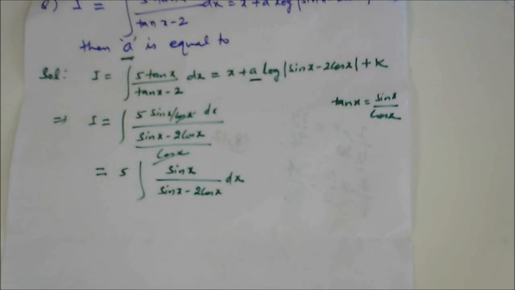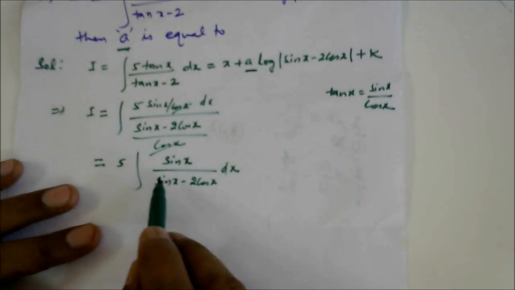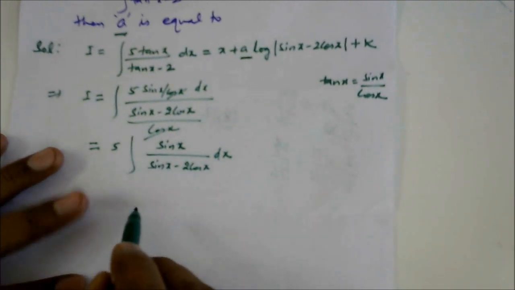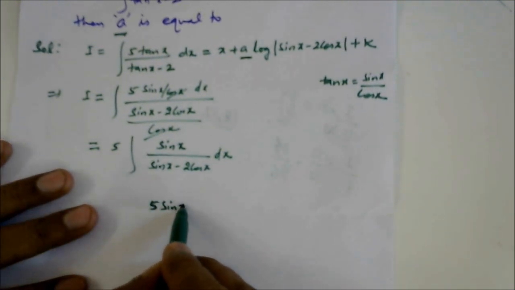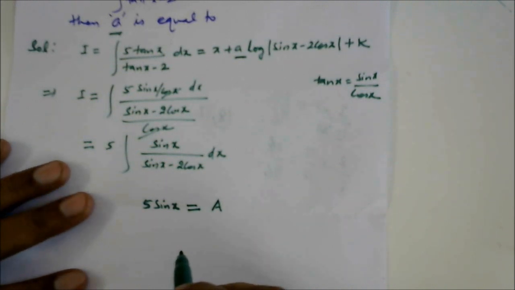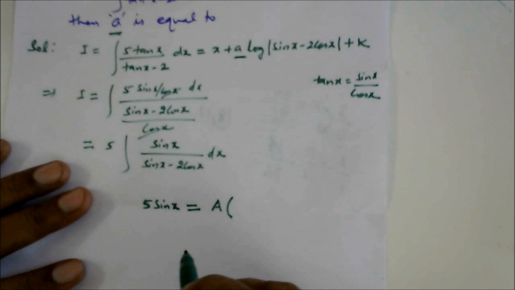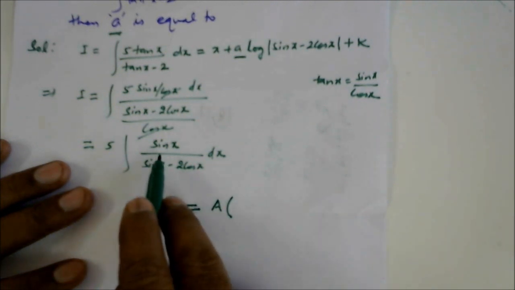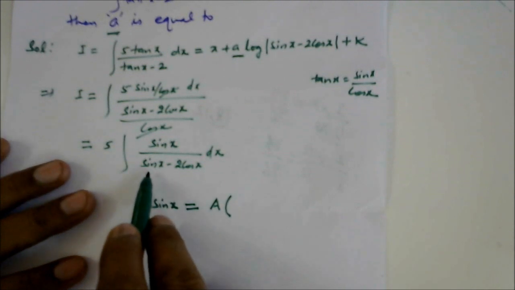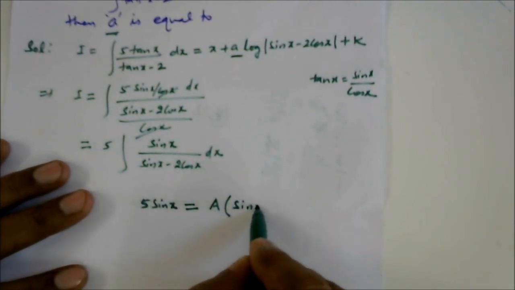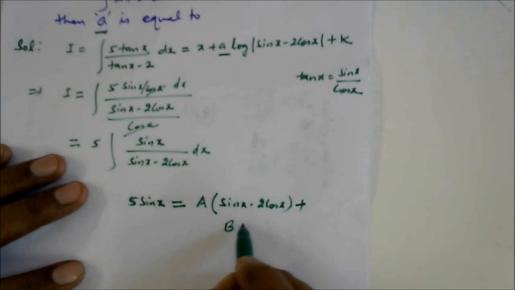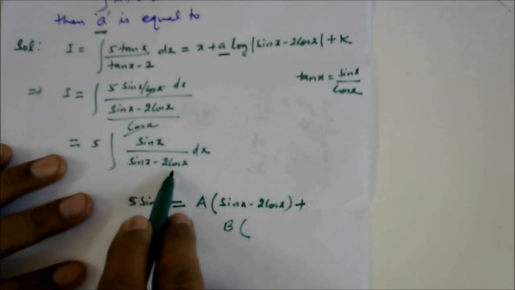Okay, and how we find the partial fraction method, especially in integration: this 5 sin x, which is the numerator part, we write as 5 sin x is equal to a into denominator sin x minus 2 cos x, and plus b into the differentiation of this sin x minus 2 cos x.